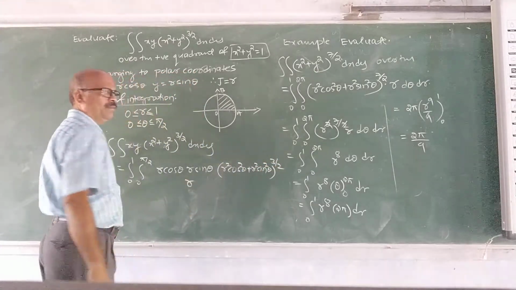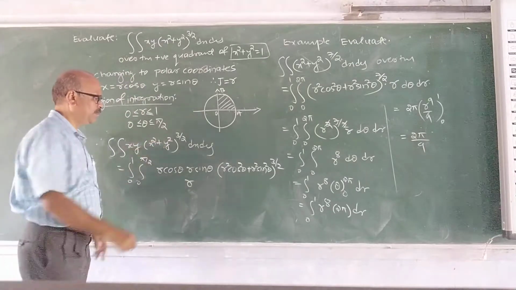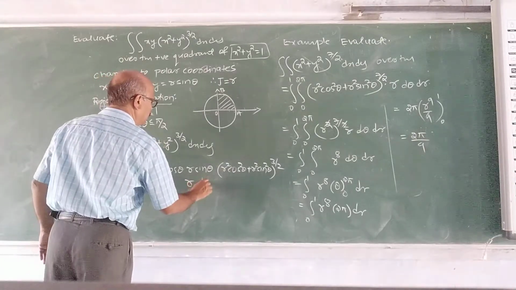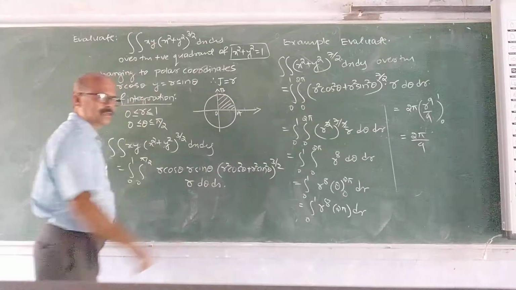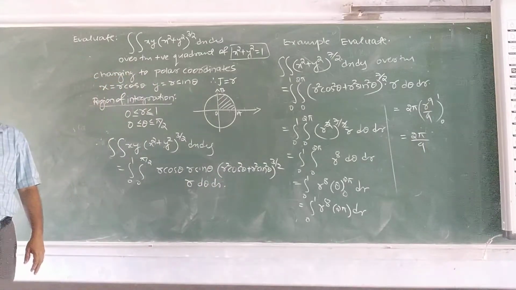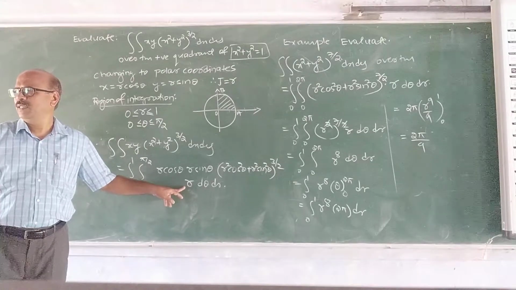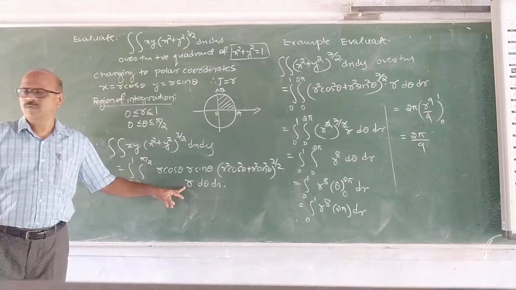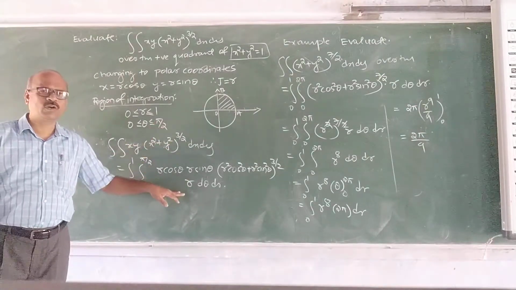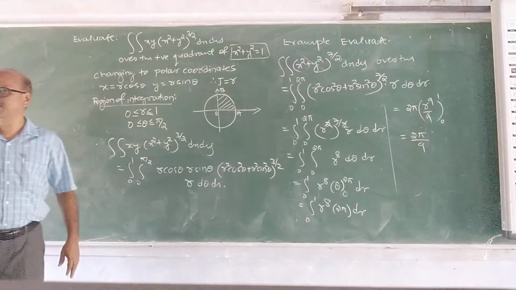What is the Jacobian? r d theta dr. Remember this substitution, the Jacobian is there. That is important. When changing Cartesian to polar coordinates, we have to use that formula.